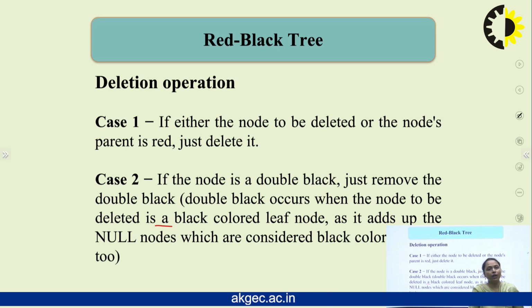Whenever we delete a black node, it will add a black color to its parent node. It will become a double black node because the leaf node has nil nodes which are black in color.